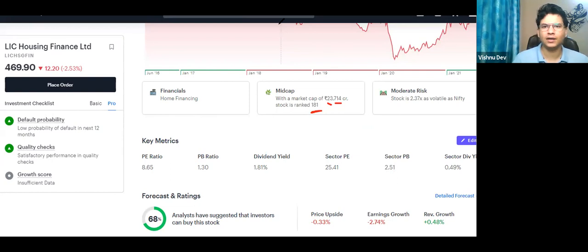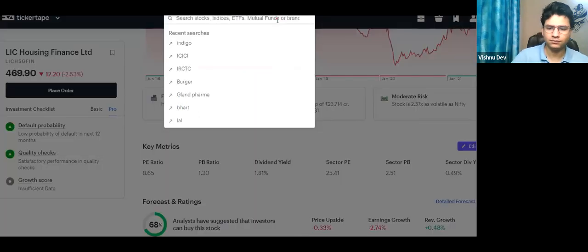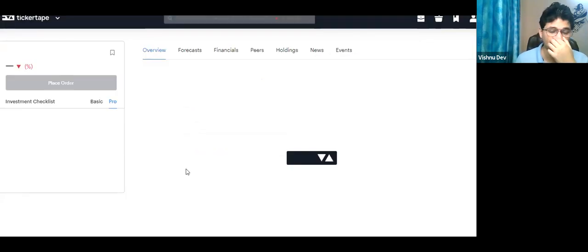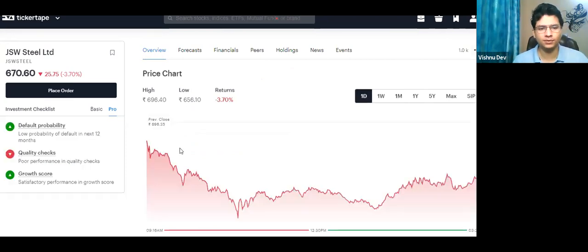Now, let us talk about some other companies. Let us talk about JSW Steel. What do you think? JSW Steel would be mid cap, large cap, or small cap?